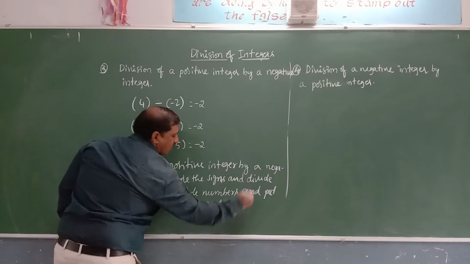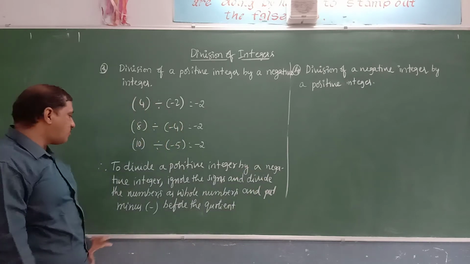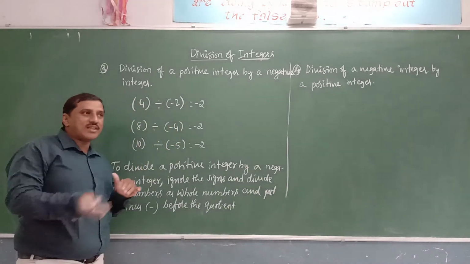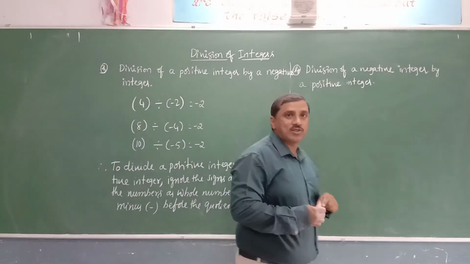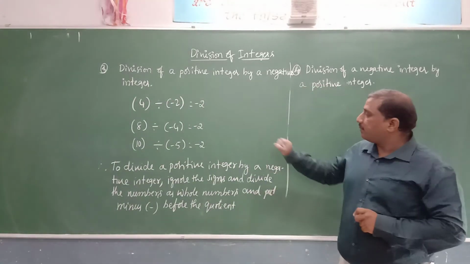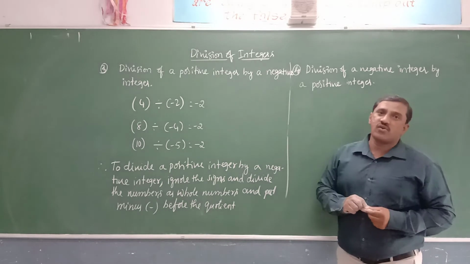So what can we conclude from this? Ignore the signs, divide the numbers as whole numbers and keep the minus sign before the quotient.